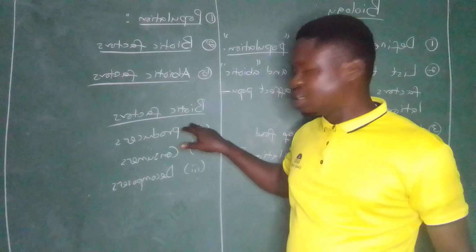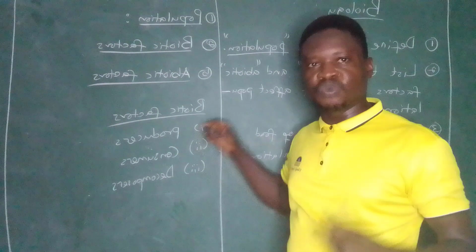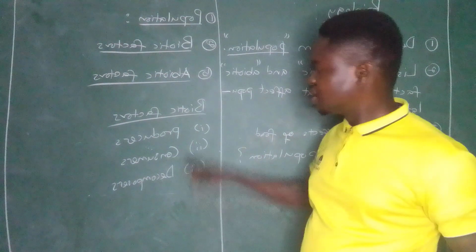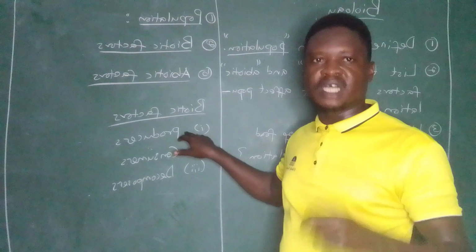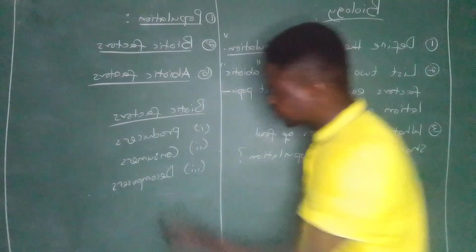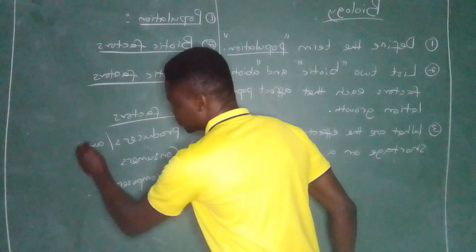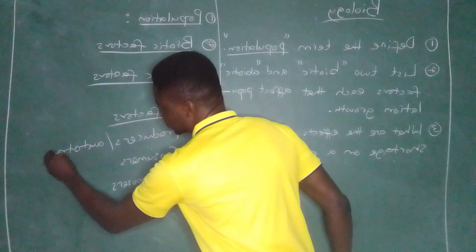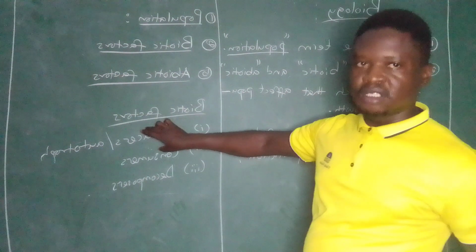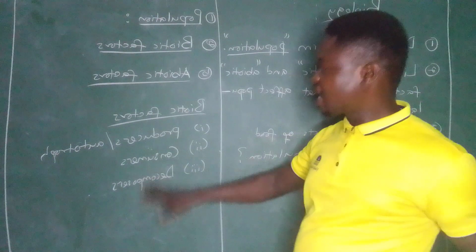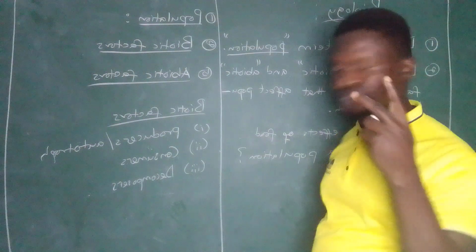So, any organism that has the ability to produce its own food is called a producer or an autotroph. These producers are further divided into 2.